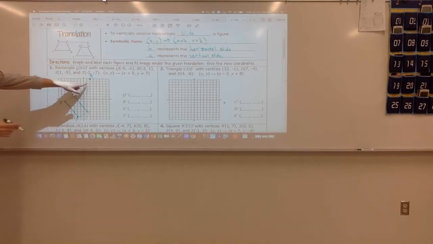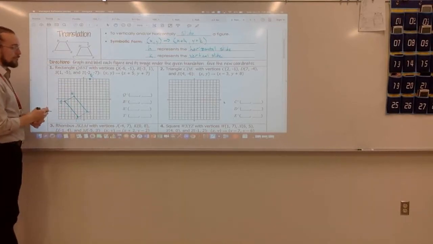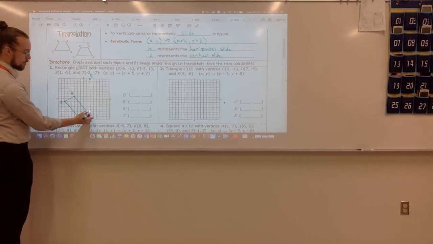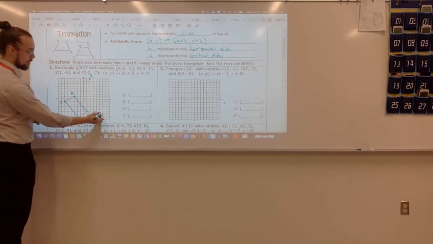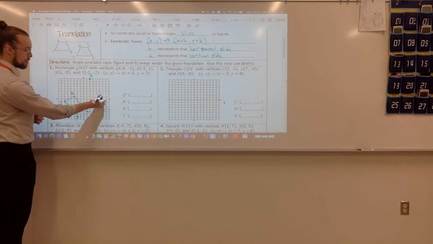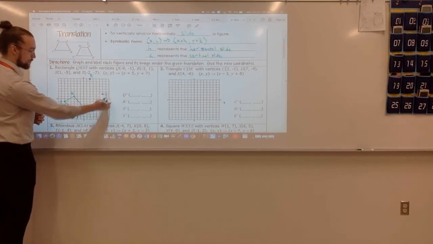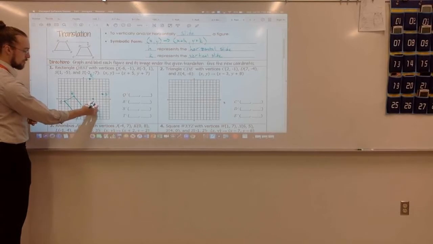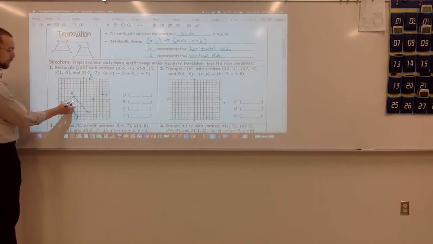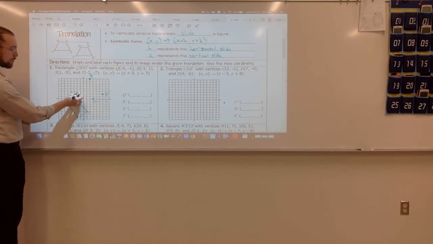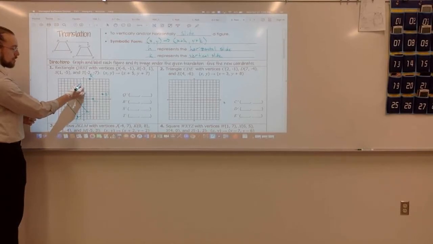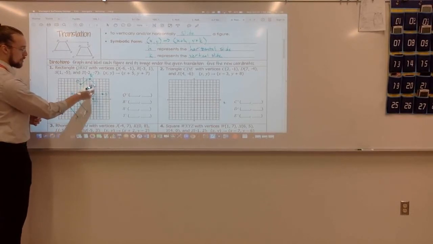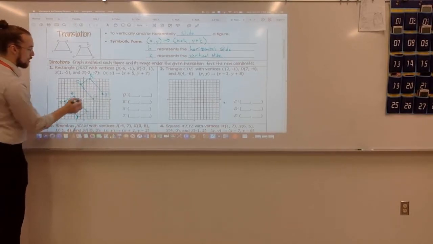So R prime would end up here. We just do the same thing for each of our coordinates. So my new rectangle is going to end up here somewhere.